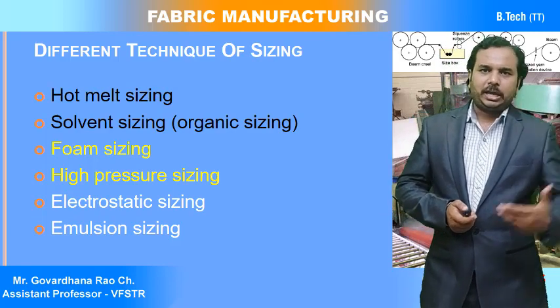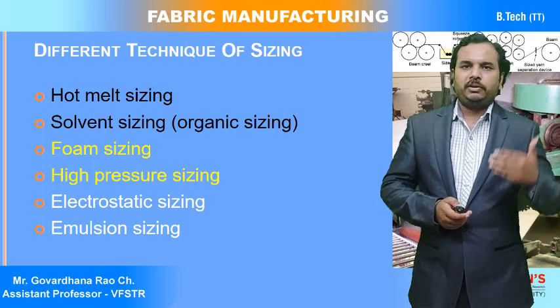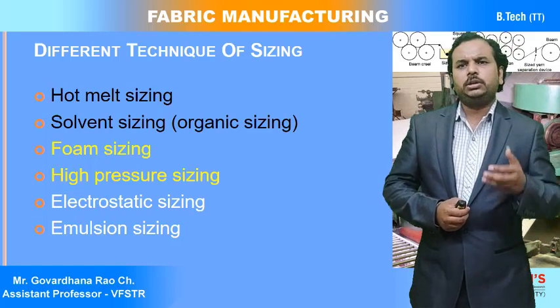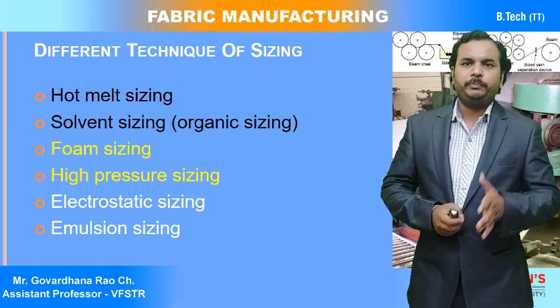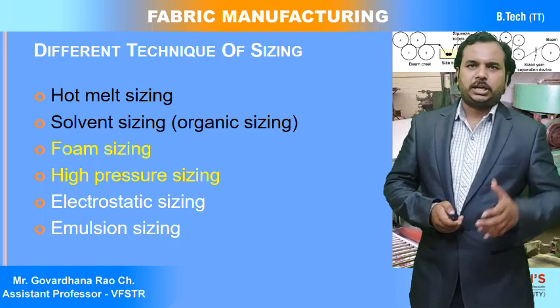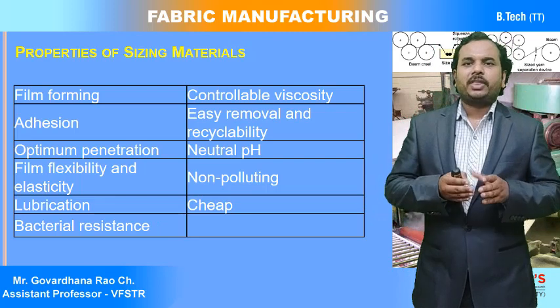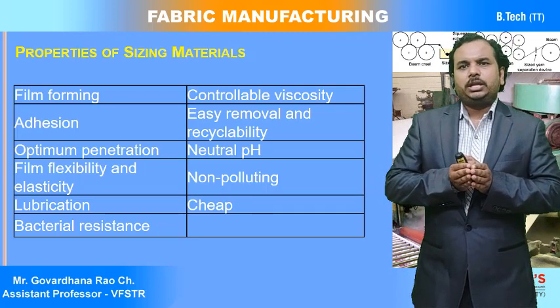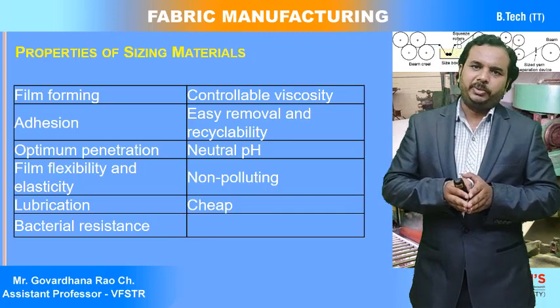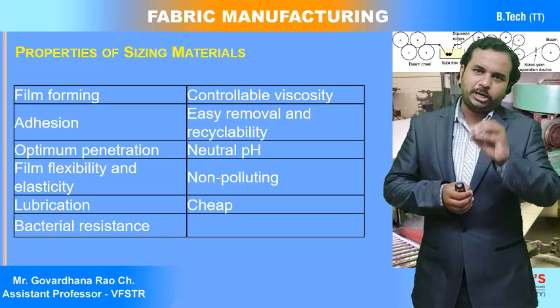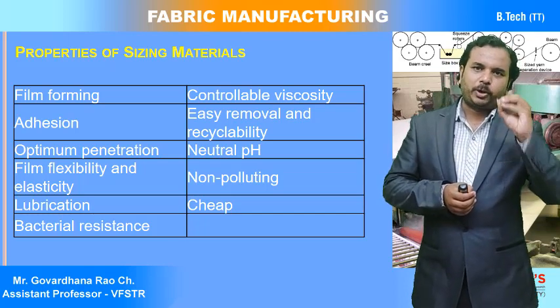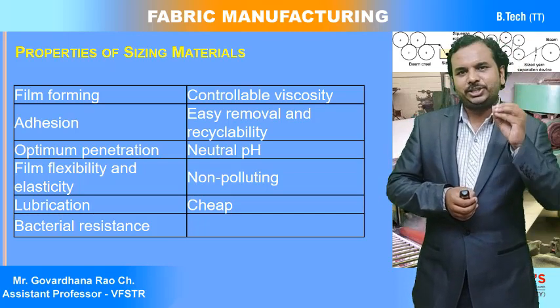These techniques are different, and each is used for a particular specific use. Okay, and we have the properties of the sizing material. The sizing material should have specific, desirable and essential properties.